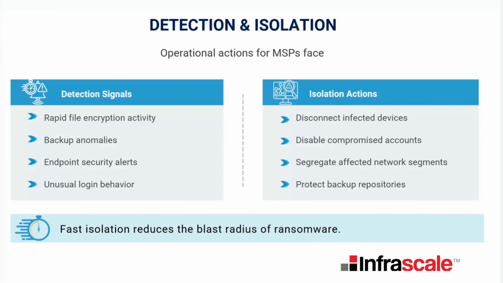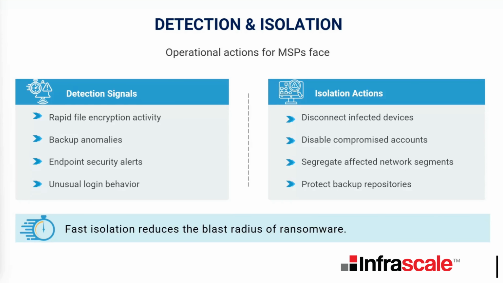It usually starts with the detection signals. There are a few early indicators that something may have gone wrong. For example, you might see rapid file encryption activity, where files start changing or locking unexpectedly. Another sign could be a backup anomaly, such as failed backups, unusual backup deletions, or unexpected changes in the backup data.